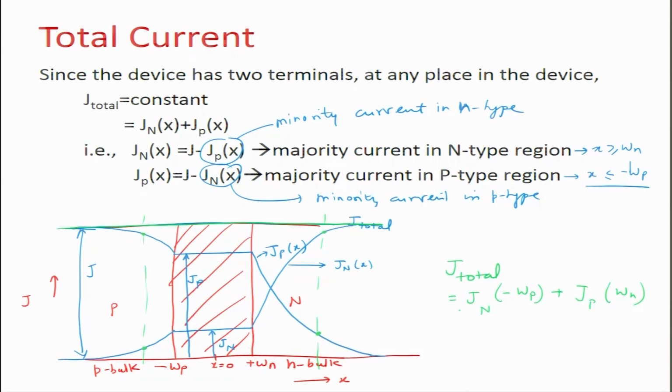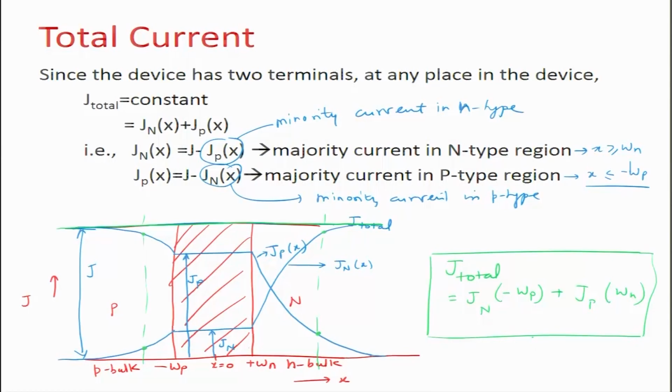So this is the conclusion from this slide, that J total is equal to Jn at minus Wp plus Jp at Wn. Now instead of calculating these currents at any arbitrary place, I am going to calculate these currents at fixed places, which are the boundaries of the depletion region on both bulk sides, N and P sides. So what is the method that we are going to follow?